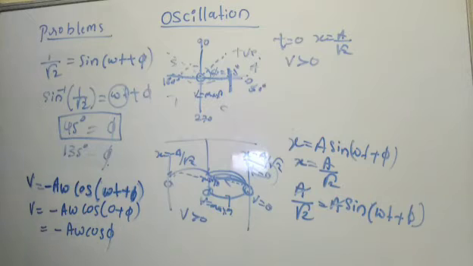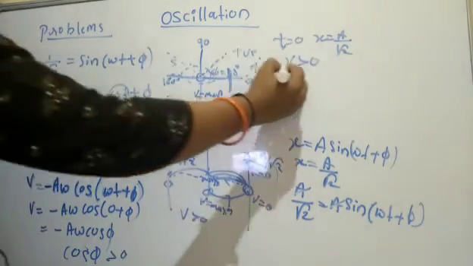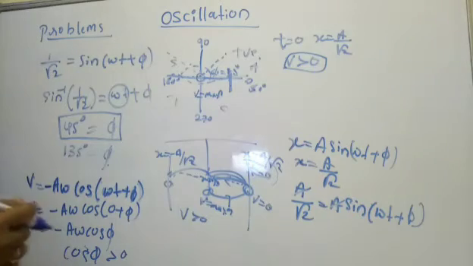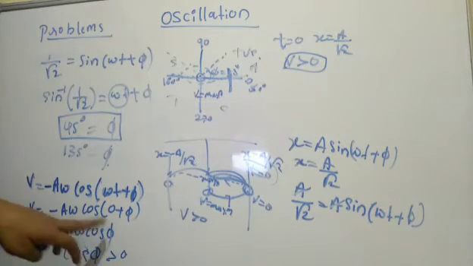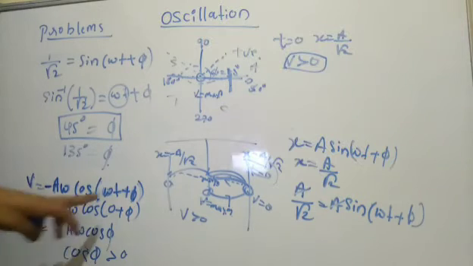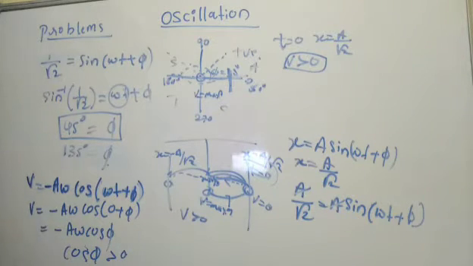As we know, this part, omega part, or this cos phi must be greater than 0. It is as this condition. So where v is equal to minus a omega cos phi. So this part cos phi should be greater than 0.